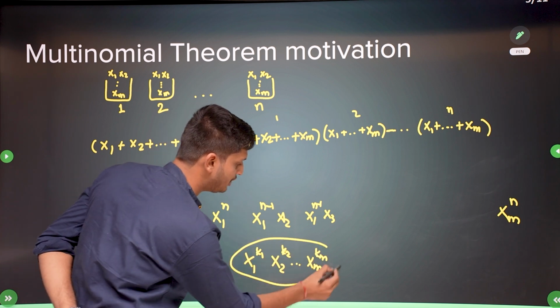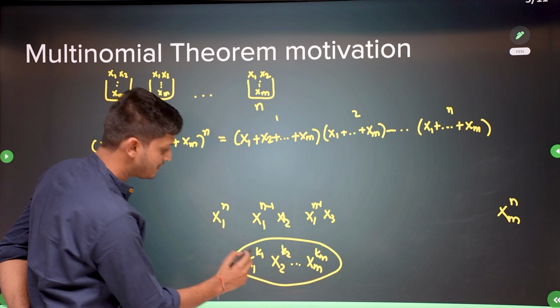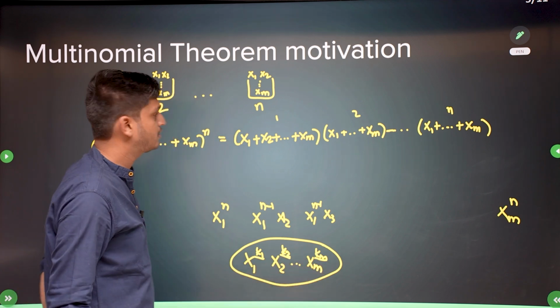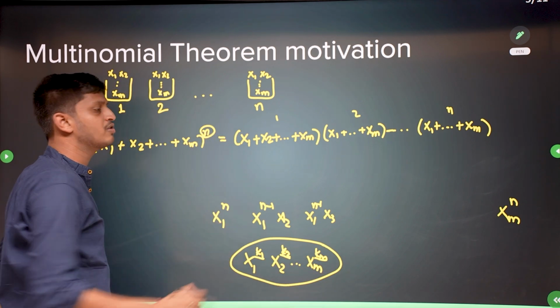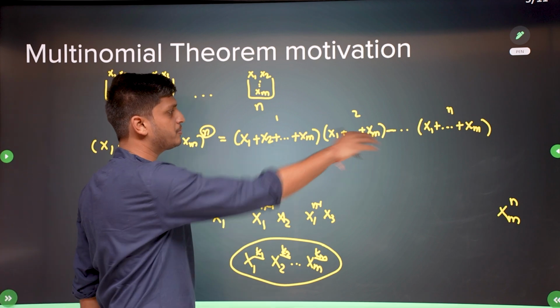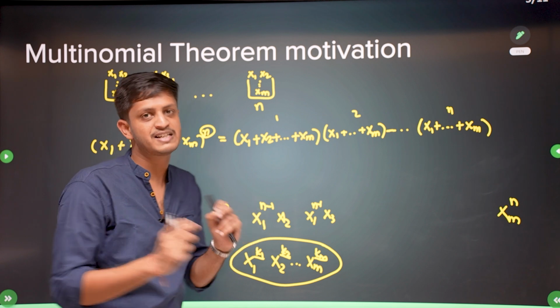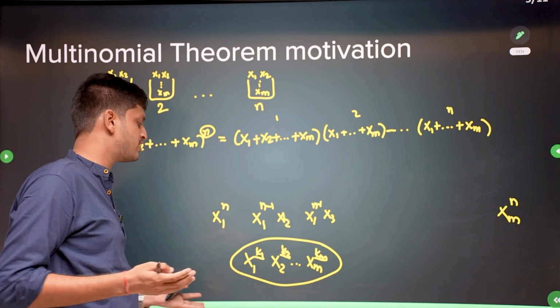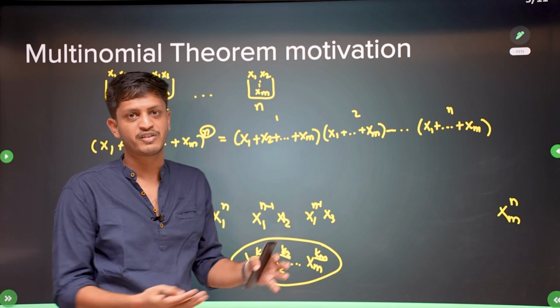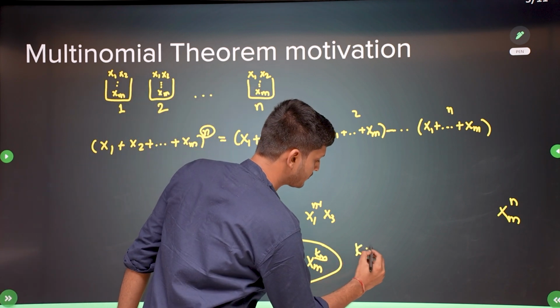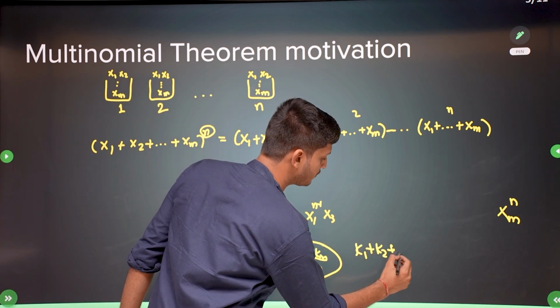Every such term will look like this, and the sum of all these powers will be what? n. The sum of all these powers will always be n, because you are picking some object from every container. The total number of containers is n, so the total number of objects you will get will always be n. You will have some number of x1s, some number of x2s, some number of xms. The sum of all these powers, k1 plus k2 up to km, will always be n.